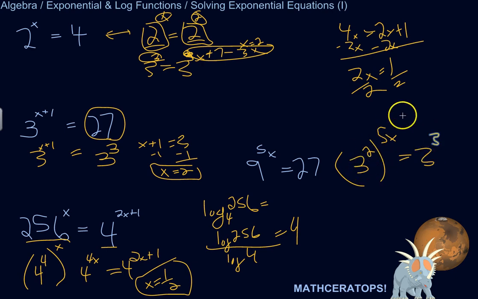So 3 to the power of 10x is equal to 3 to the power of 3. Therefore 10x equals 3, so divide by 10. So x equals 3/10, or 0.3. So not too bad.